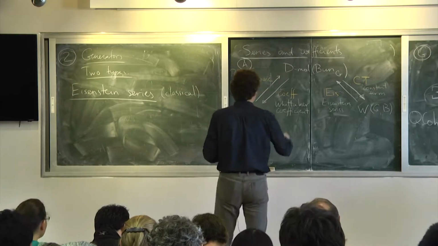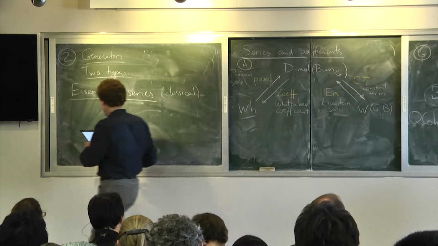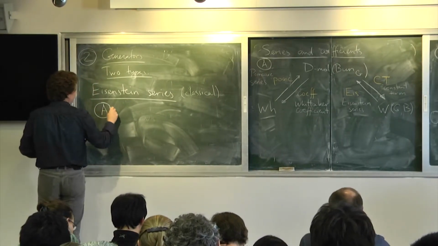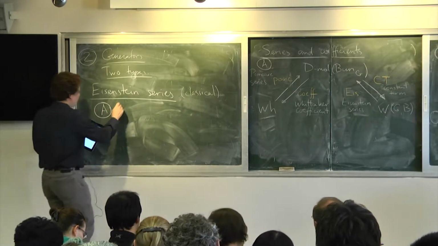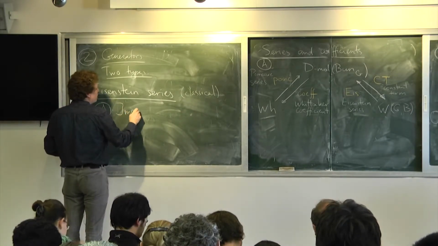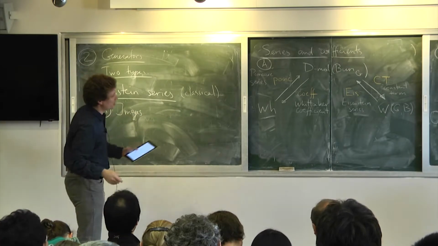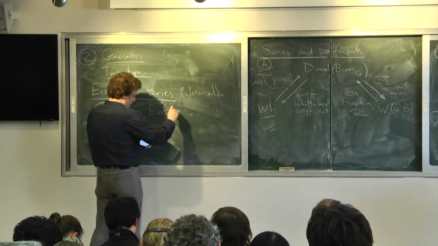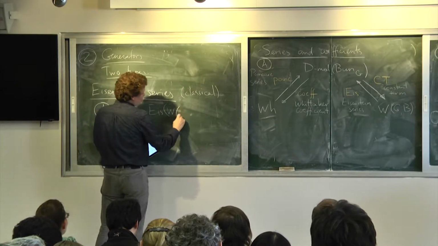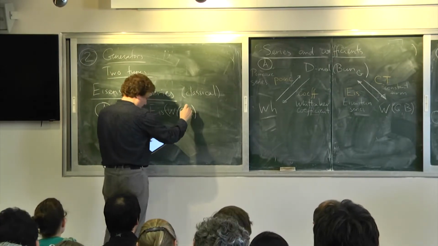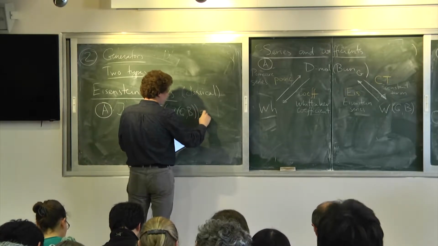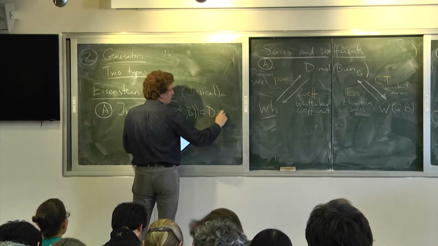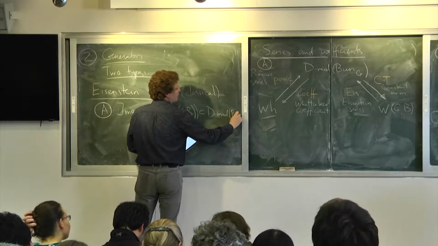On the automorphic side, we just look at the images of the corresponding Eisenstein series functors. So there's D-mod of WGB, D-mod of 1G.